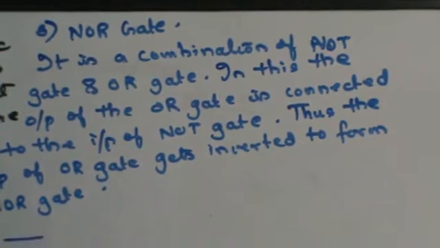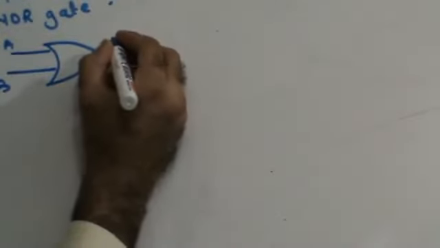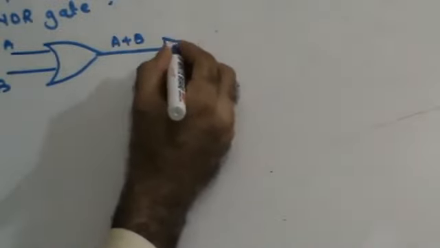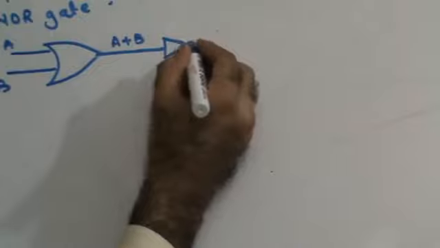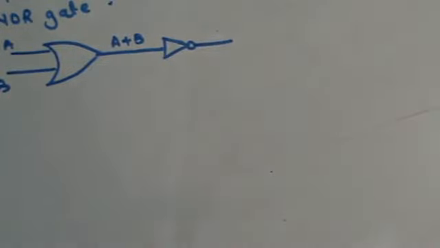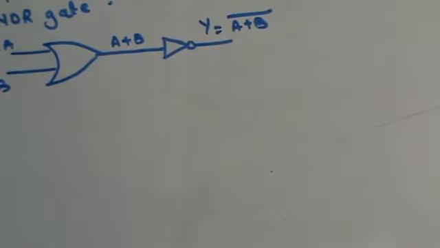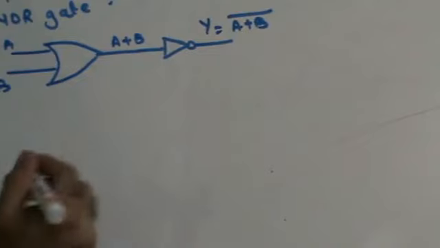NOR gate is where the output of OR gate, this is A, this is B, this is my output Y, that's my A plus B, is connected to a NOT gate. So here I get Y is A plus B NOR. That's your NOR gate. Output of OR gate is connected to the NOT gate to invert it.